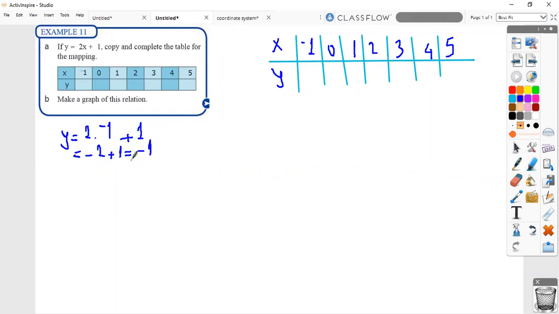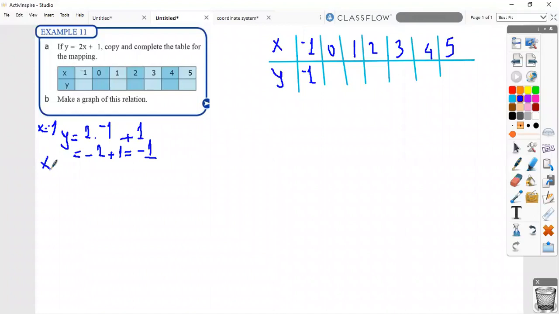Is it true? Yes. If X is -1, Y will also be -1.